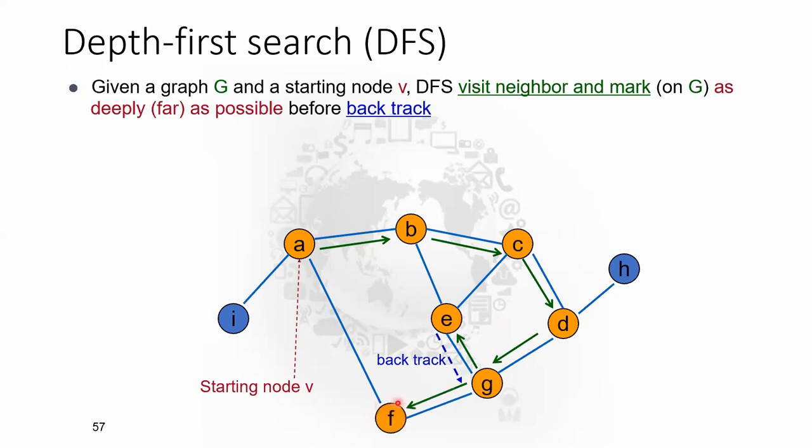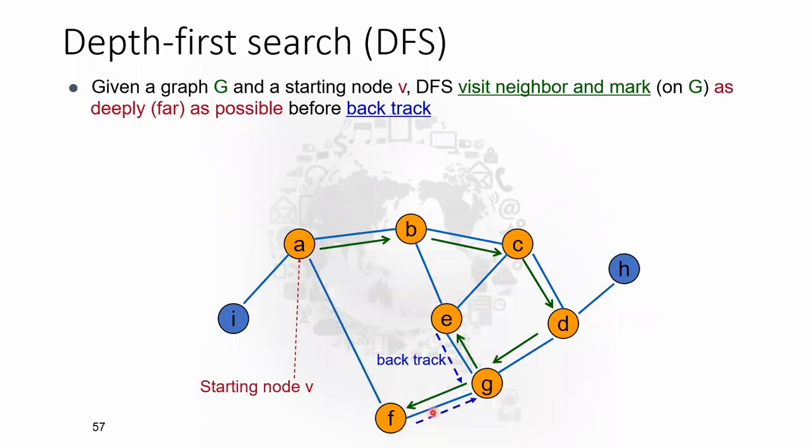Then it goes to F. When it comes to F, it checks the adjacent nodes, where A and G have already been visited, which we assume is in the record. So we do the backtrack, because here we notice that I and H are not visited yet.